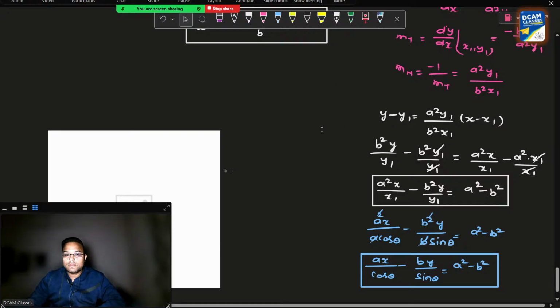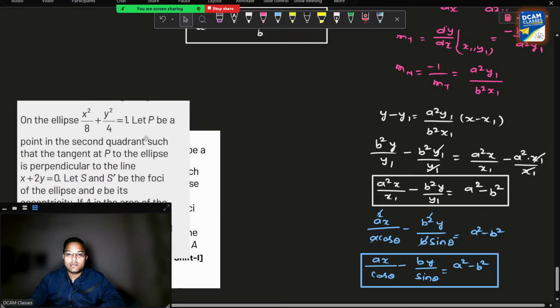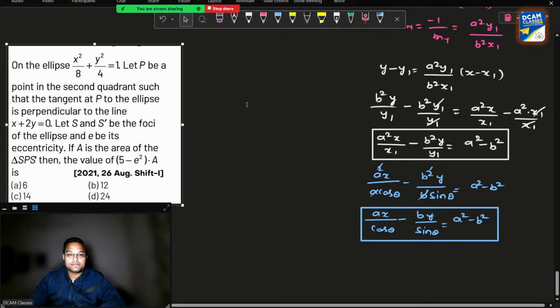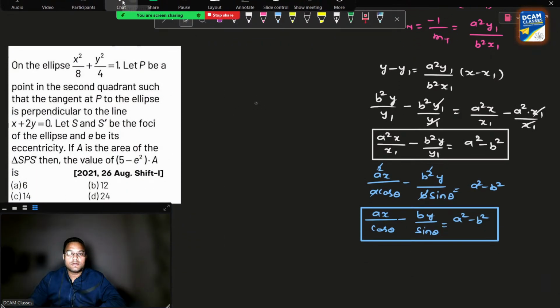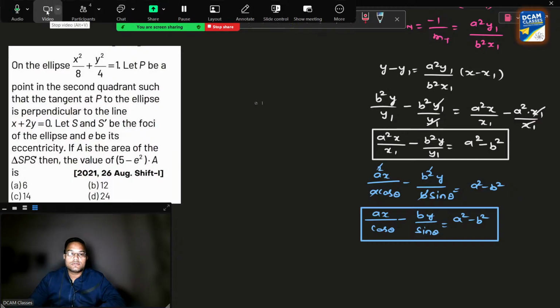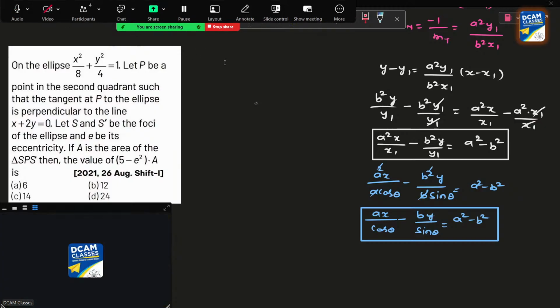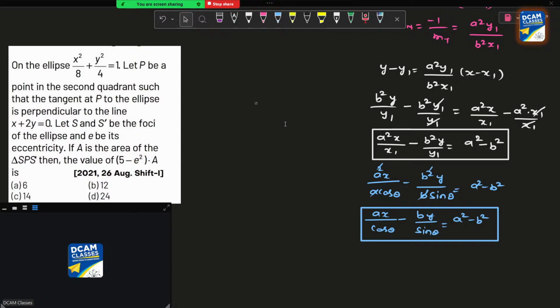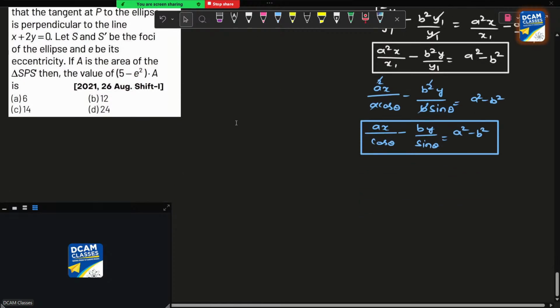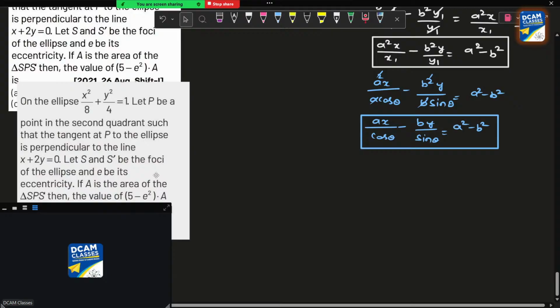It's a good question, good level, not an easy level one, but not very difficult also. Logically, you can solve it. Try to understand this first. If you need any help, ask me.